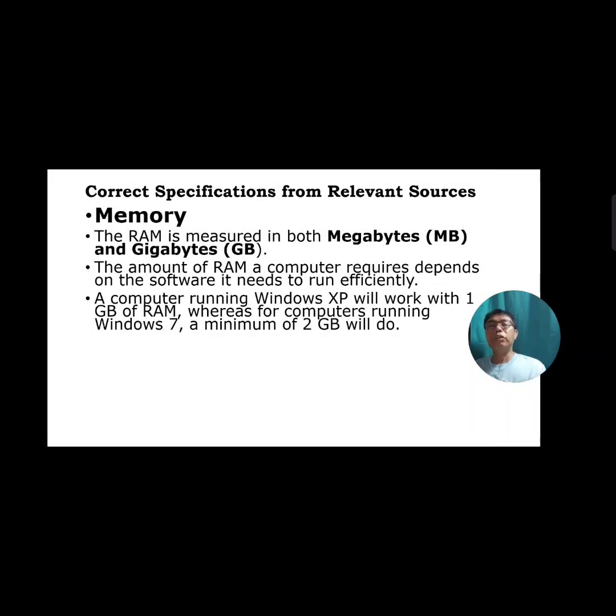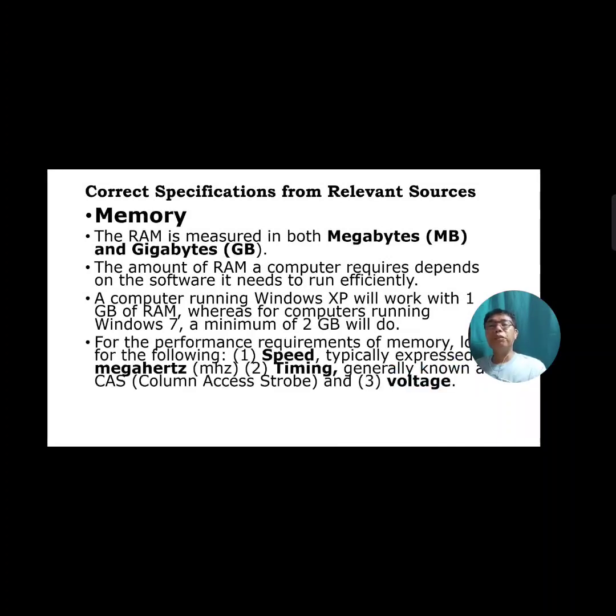Whereas for computers running Windows 7, a minimum of 2 gig will do, meaning higher than Windows XP. The specification of Windows 7 is higher than Windows XP. So you have to buy a RAM which is compatible with Windows 7, at least 2 gig. Okay, because Windows 7 is used for networking.